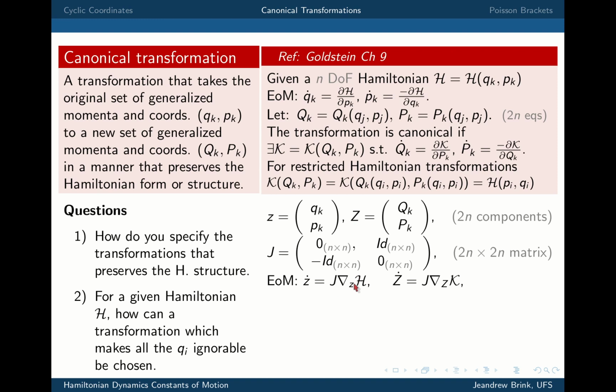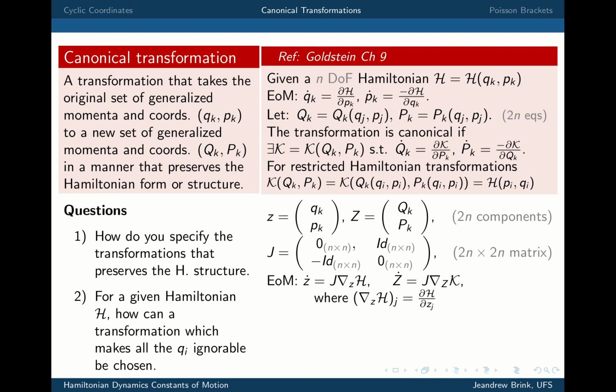And similarly, z dot is J multiplying the gradient of K with respect to my new variables. Any questions there? Is that okay?